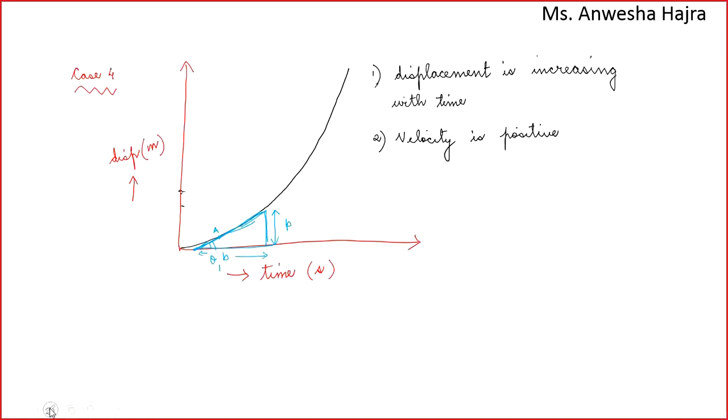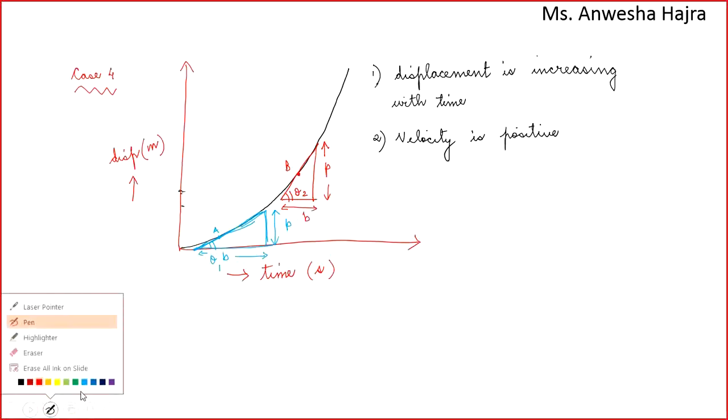Now I want to find the slope at this point, B. I have to draw a tangent over here. This angle is theta 2. The angle is changing. It is increasing. Perpendicular by base.